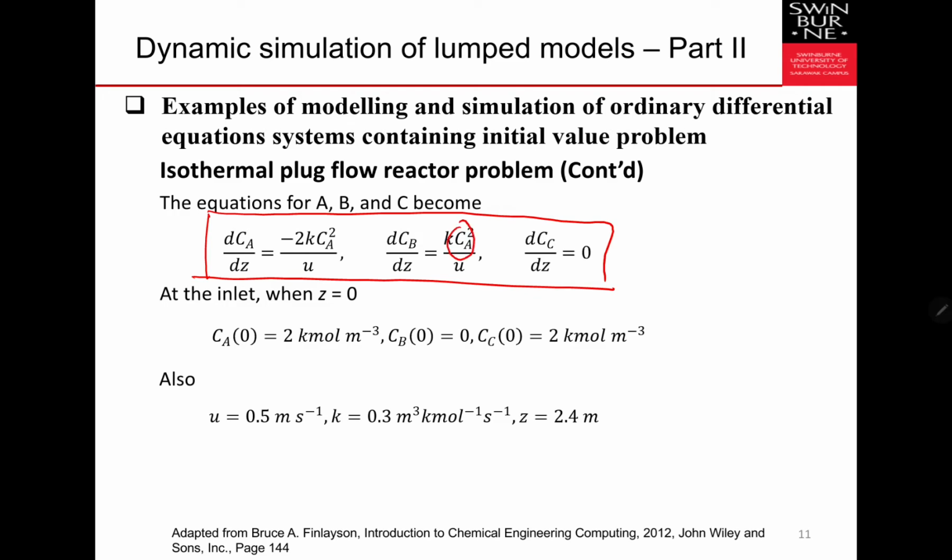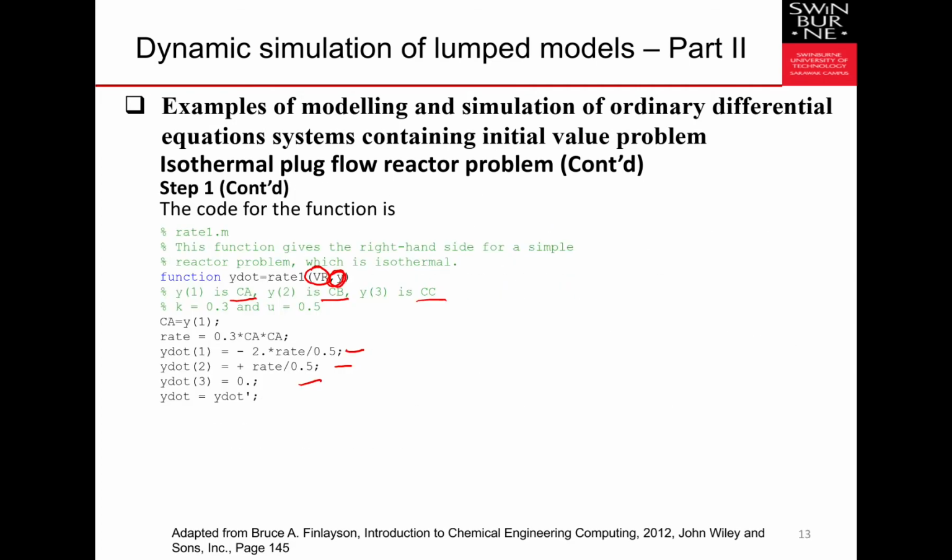So if you put A equal to a particular value, then B is 0, and C is always 0 because C is not consumed or produced during the course of the reaction as it goes through the tube reactor.